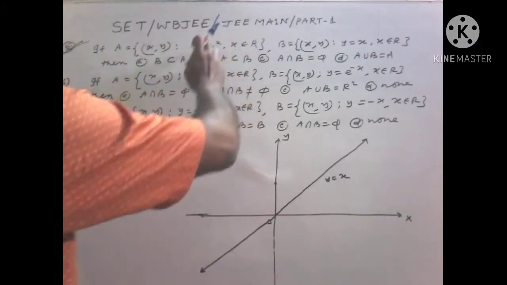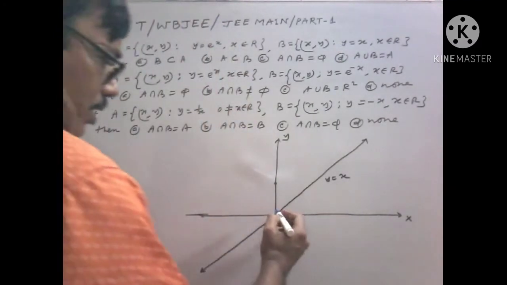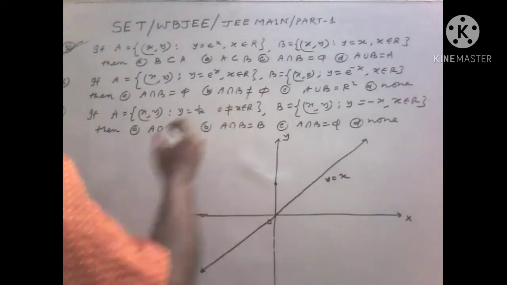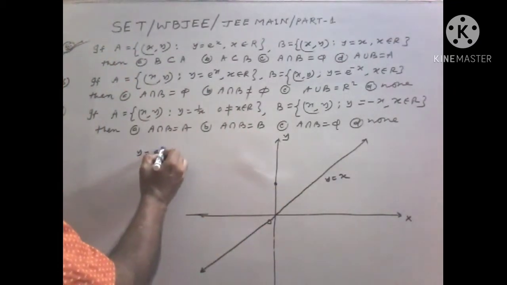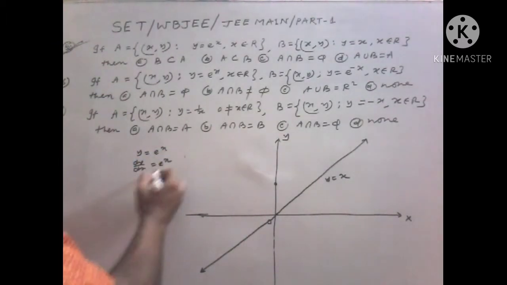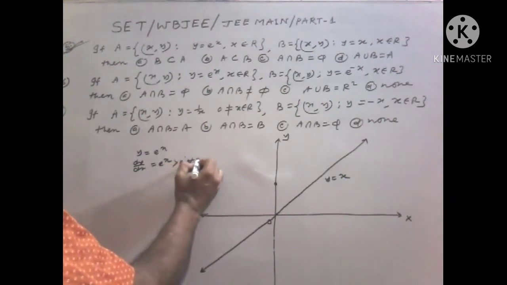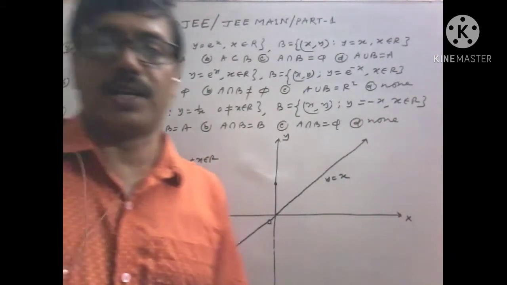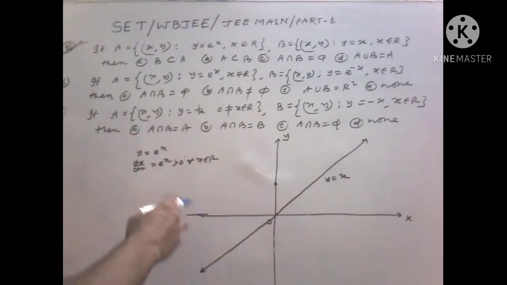Now y equals e to the power x. For x equals 0, it is 1. Here dy/dx equals e to the power x, so it is positive for all x belonging to R. That is, y is an increasing function.